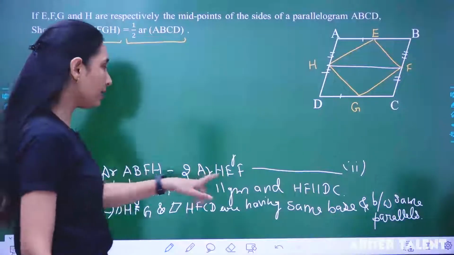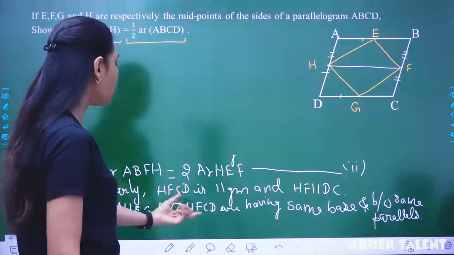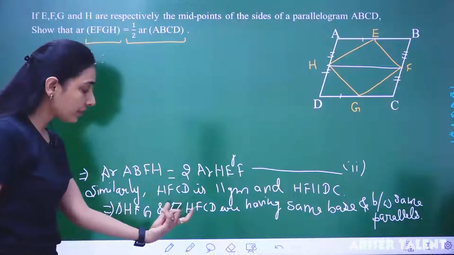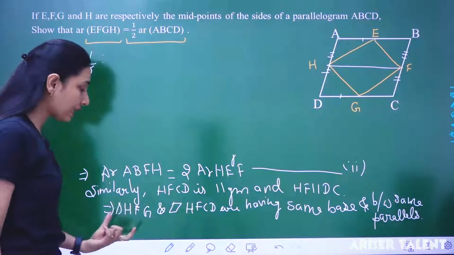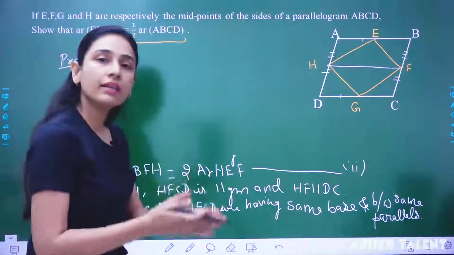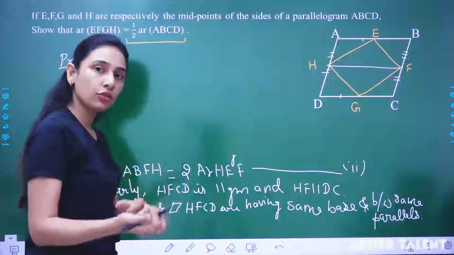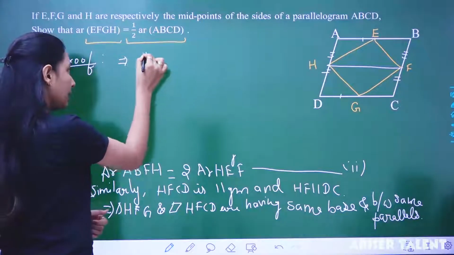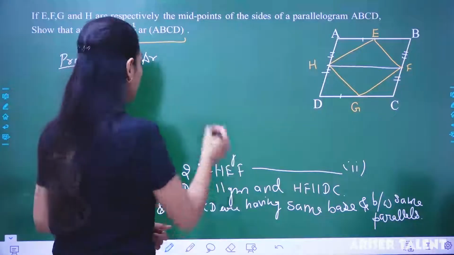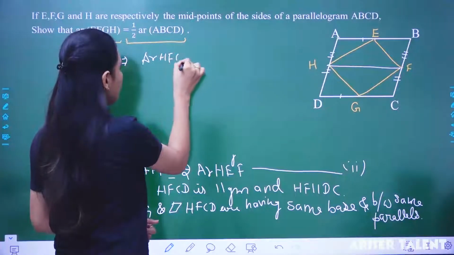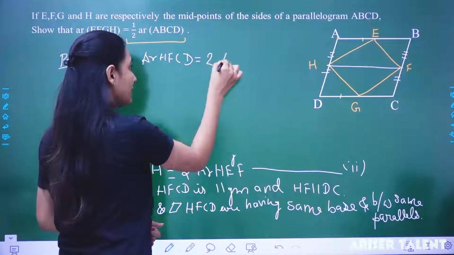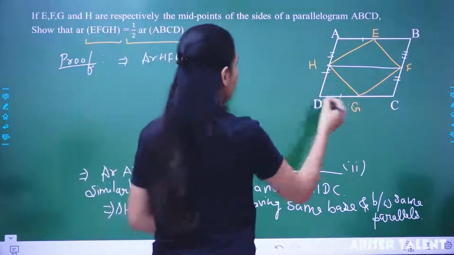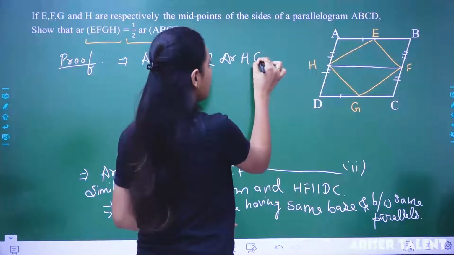Then the second conclusion was this: if one figure is a parallelogram and the other is a triangle, we can apply the area theorem. This implies that area HFCD is equal to twice the area of triangle HGF.